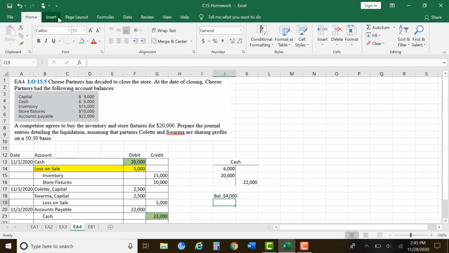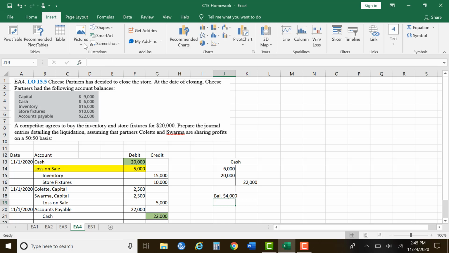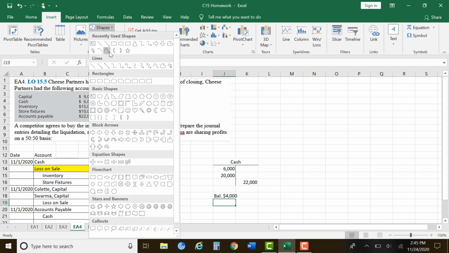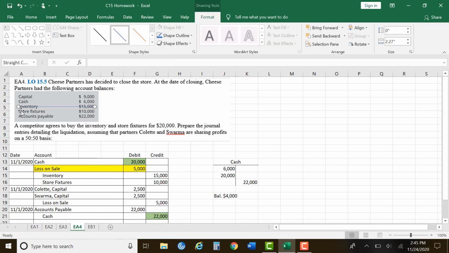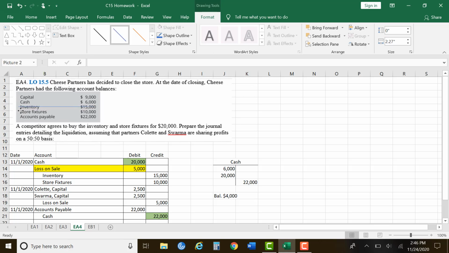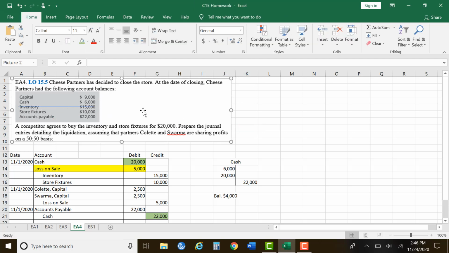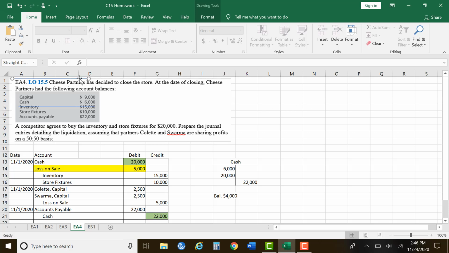These three are gone, so I could go and clean out the store fixtures, and I could clean out the accounts payable. All those accounts are gone. So now I just have to clean out capital and cash.